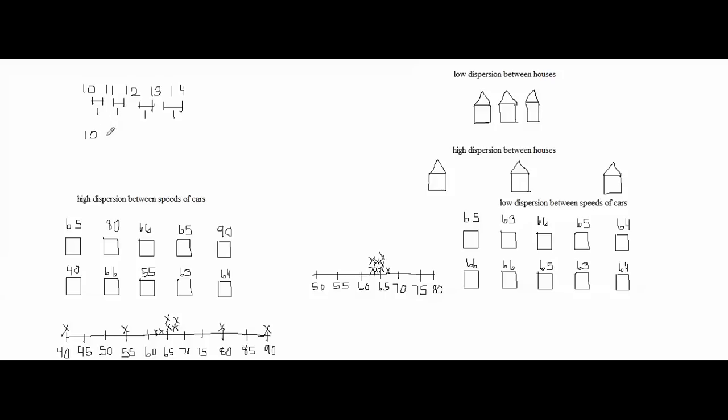How can we do that? Well, if we want these numbers to be 2 apart instead of 1 apart, instead of going from 11 to 12, we'll have to go from 11 to 13. And then let's leave this as a gap of 1.